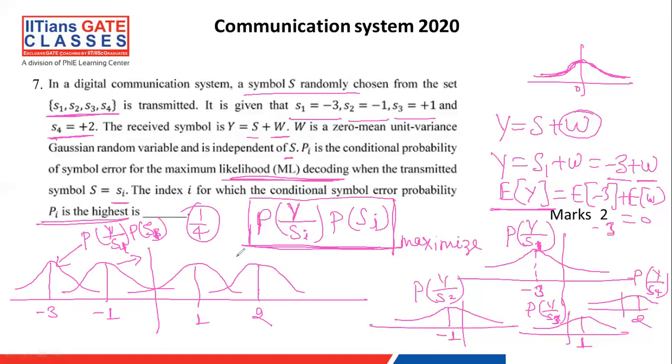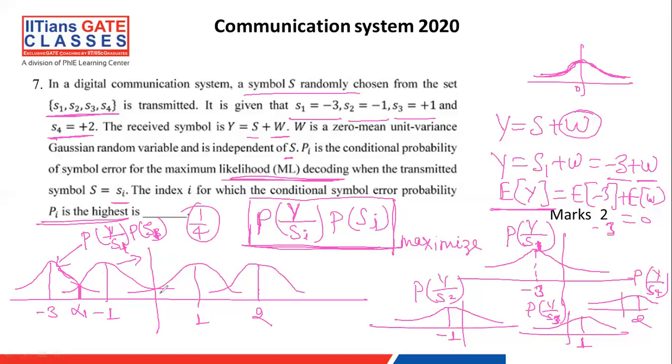Okay. Now, if you see this point, in the left of this point, this PDF is higher than any other. So if the received signal y is less than this value, let's say alpha 1, then we will always decide in favor of S1. It doesn't matter whether we have transmitted S2 or S3.